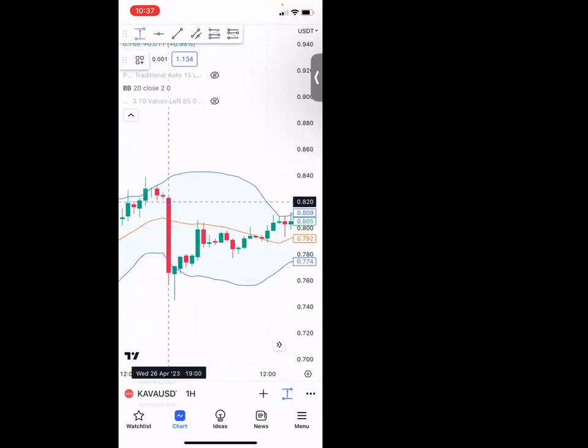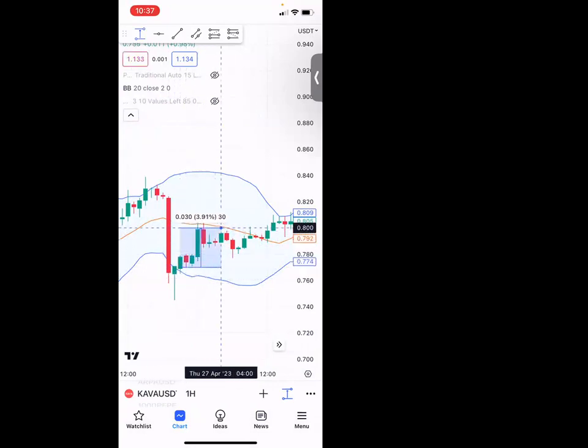You came below the lower band, and this shows that we are going up. So just open a trade around here, and then you target the middle band. That one would give you a 4%. 4% in how many hours? 1, 2, 3, 4. In 4 hours, sure. You have not floated for long.